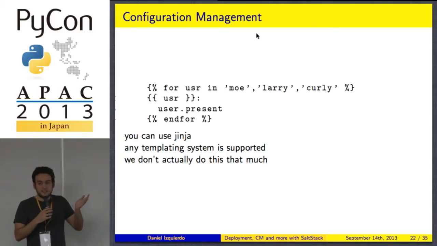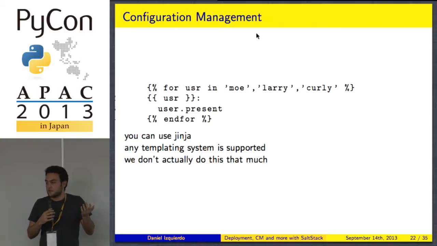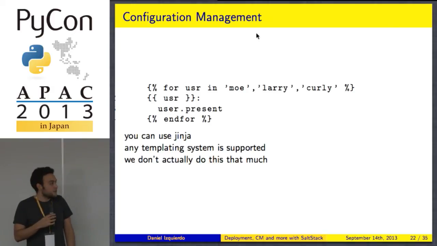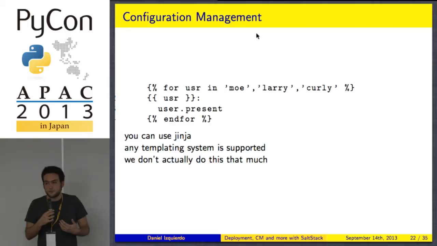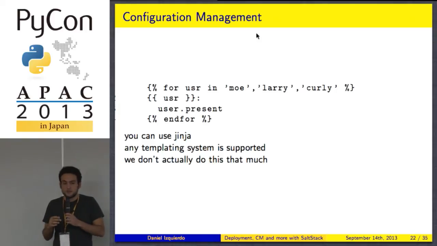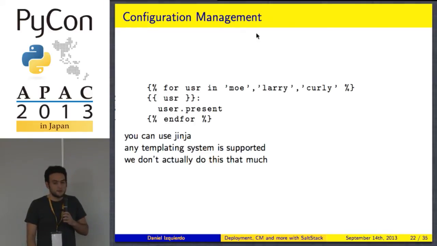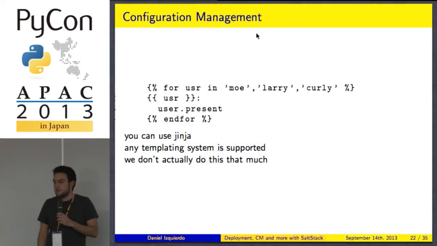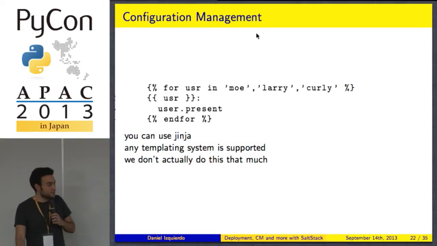But Jinja and YAML are supported by default, so if you don't have any specific requirements, you can just use that. In our own setup, we don't actually do this too often. We found not a very large need to be doing a lot of programmatic configuration, but your specific application may be helpful to have this capability.